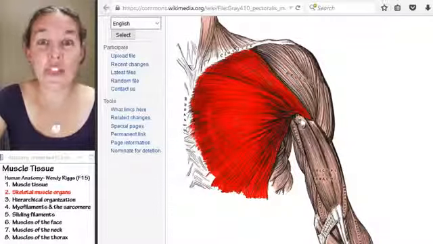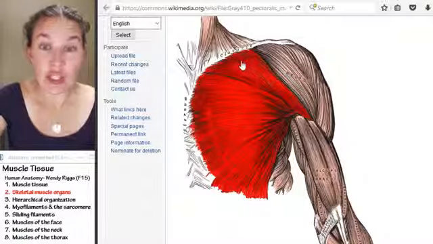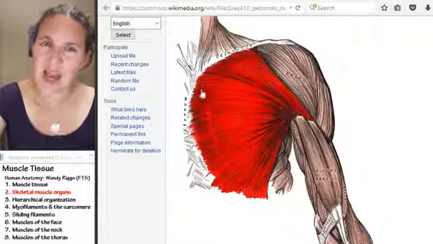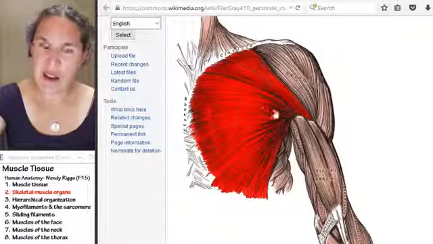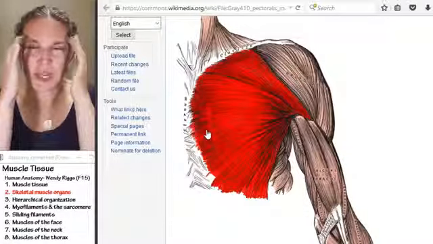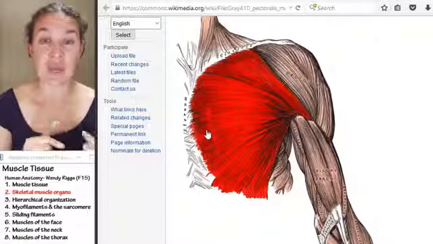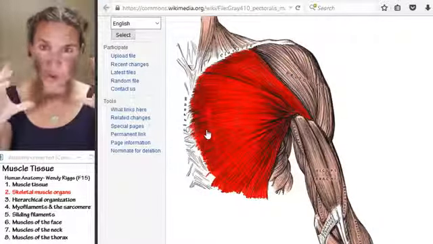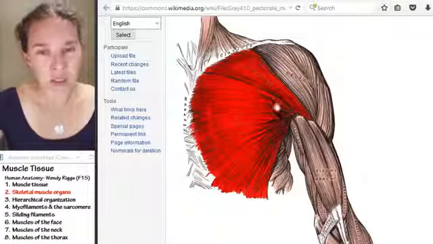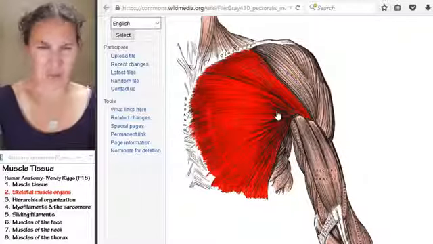Then, once you've identified the attachments for a skeletal muscle, you can actually look at the fiber direction. Now, each one of these fibers is anatomically a fascicle, and I'm telling you that now, and we're going to look at it and write it down in the next section, because the skeletal muscle organ is made up of bundles of fascicles, and the fascicles are what you can actually see, the long, thin strands.